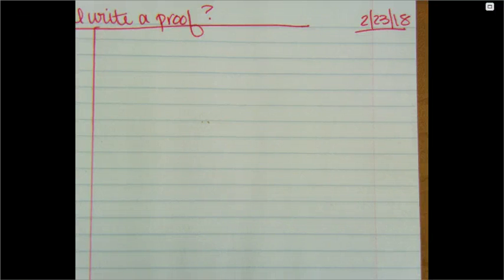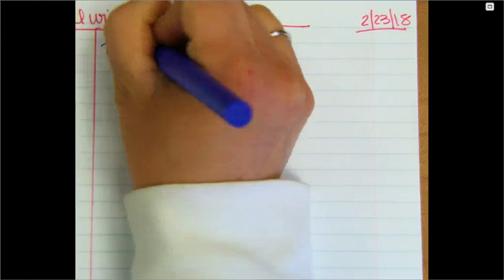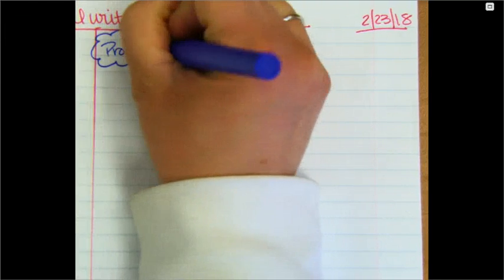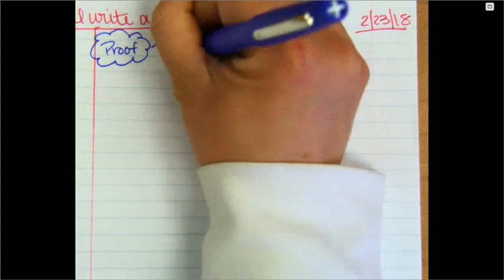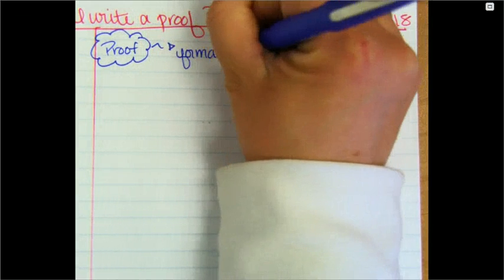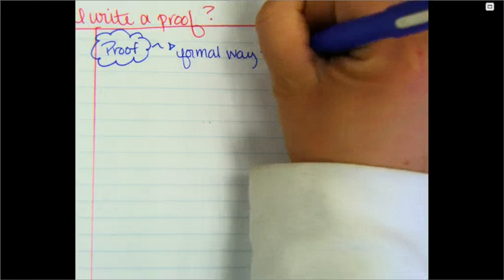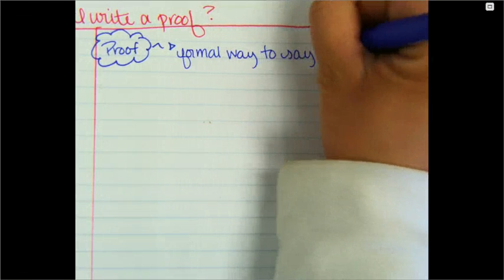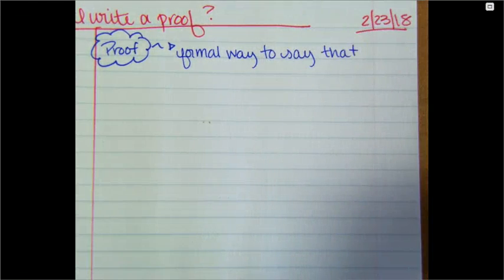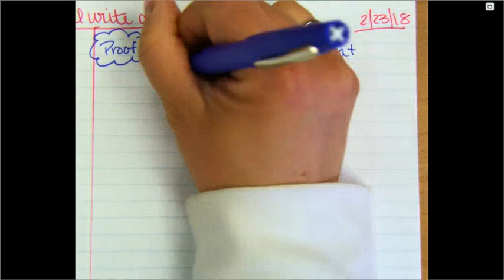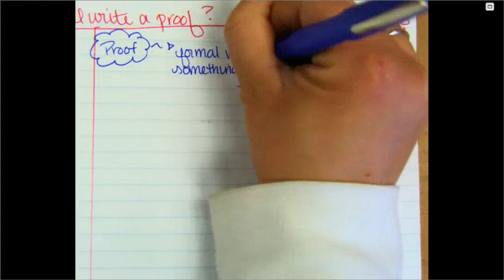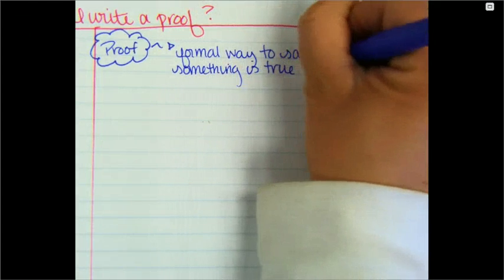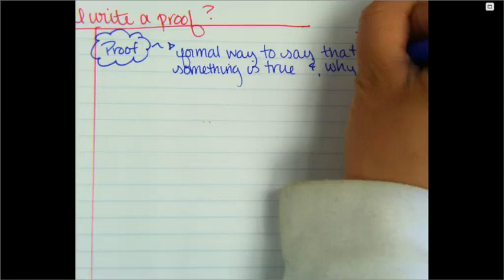All right, so let's write the definition of what a proof is. A proof is a formal way to say that something is true, and why you know it's true.